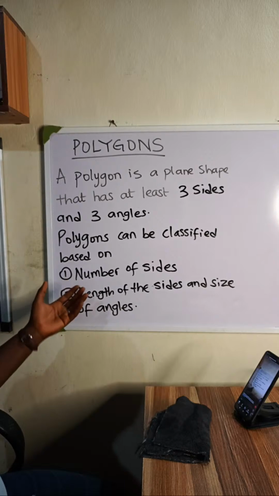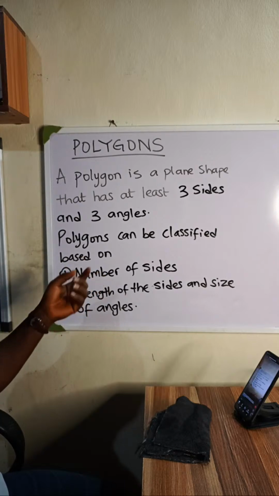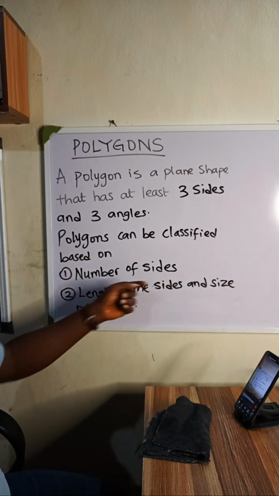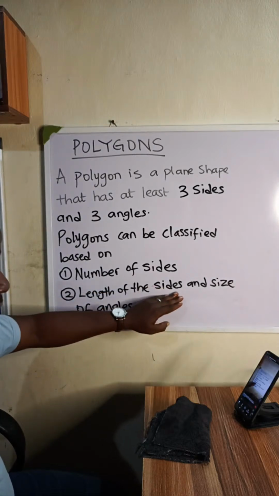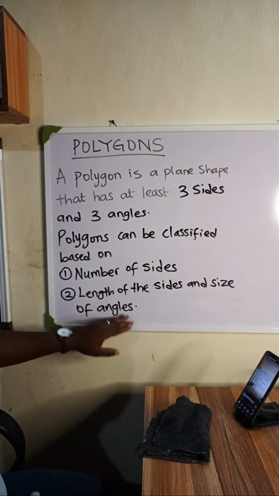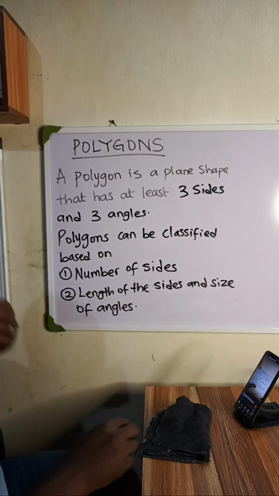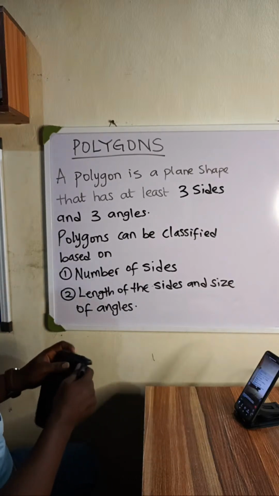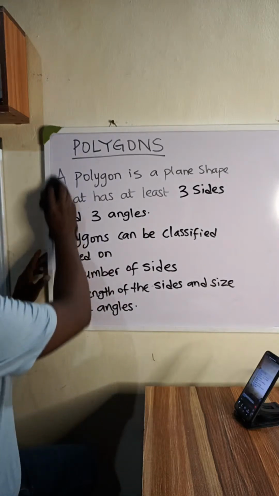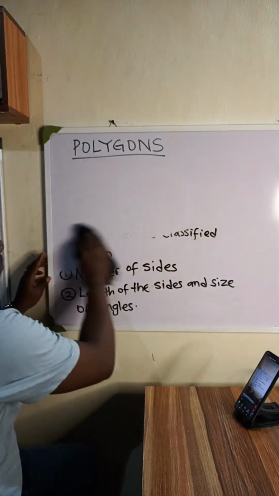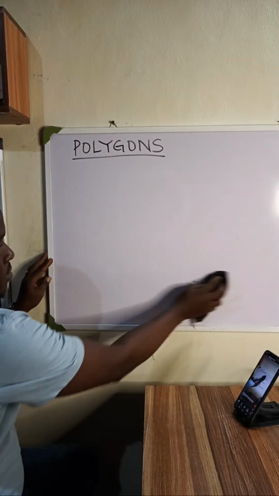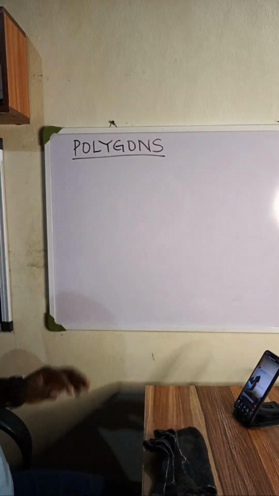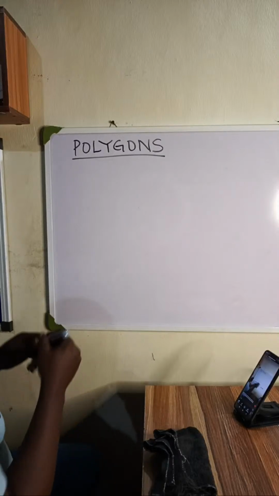You can also see that polygons can be classified based on the number of sides and also based on the length of sides and size of angles. So let's look at the classification. Okay, so let's look at the first way of classifying it.